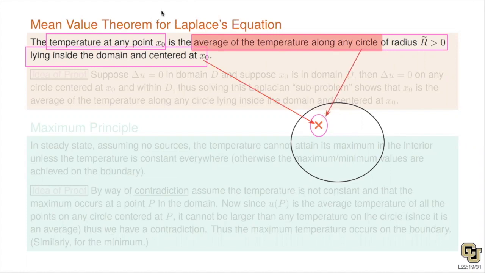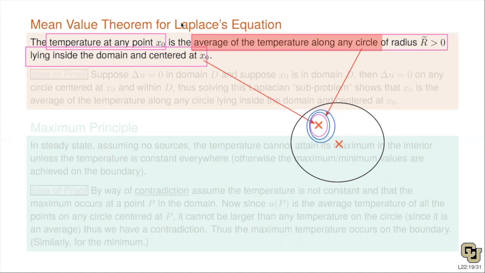And it's true for any circle that you pick around that point. So if I pick another circle with x naught at the center, it'll be the same thing. Of course, it's also true at the very center of the disk, but it's true at any point.